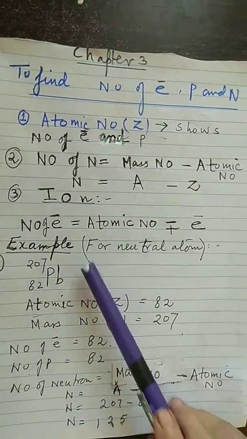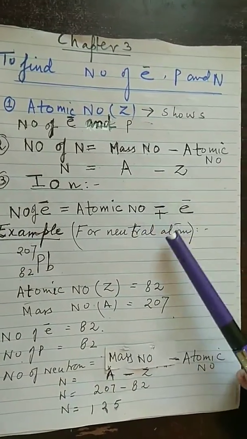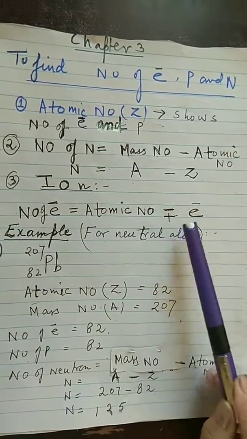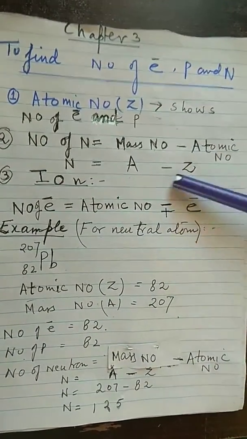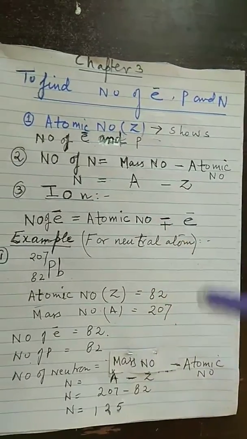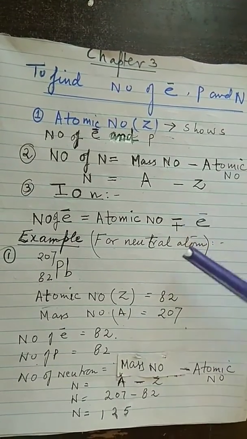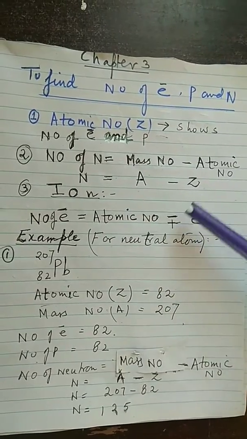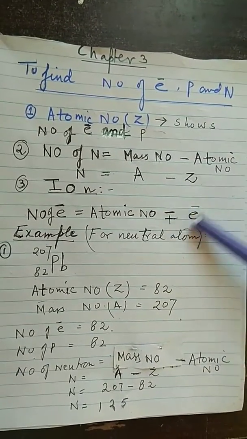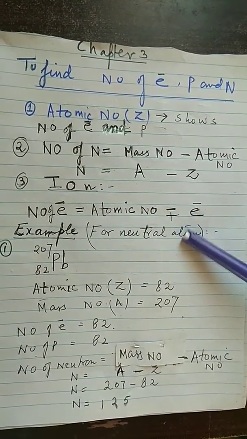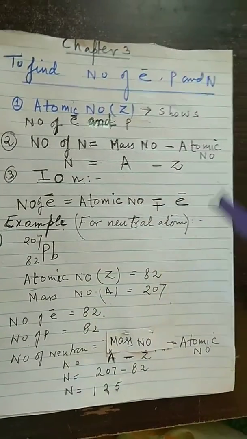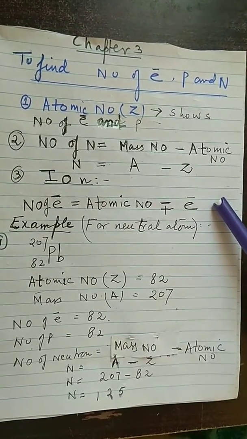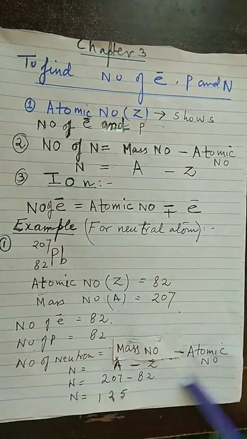Number of electrons is equal to atomic number minus or plus electrons, depending upon the nature of the ion. If it is a negative ion, you will add electrons, and if it is a positive ion, you will subtract electrons. Right? Now it will be clear from the examples.